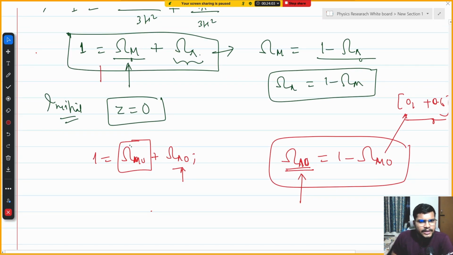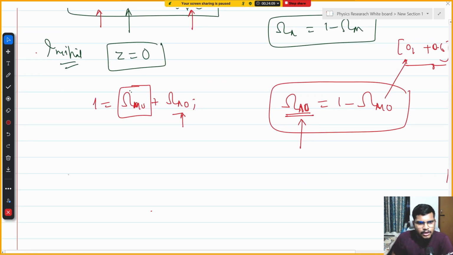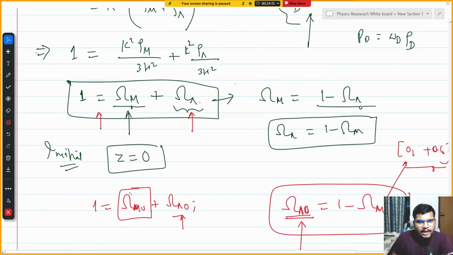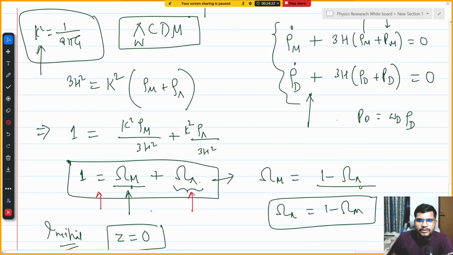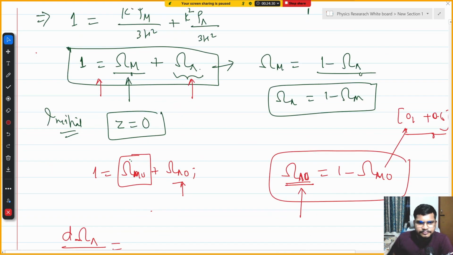Now, in order to constrain the dynamical system equation, you can just find omega lambda prime, so d omega lambda over dt. What is omega lambda? Kappa squared rho lambda by 3H squared. Rho lambda is again not a constant quantity, because here we have this conservation equation. When rho d plus p d is not equal to minus rho d, then rho d is not exactly constant, but varying, right?